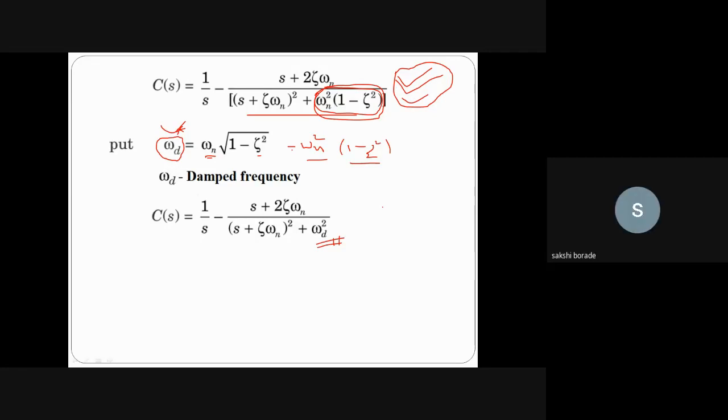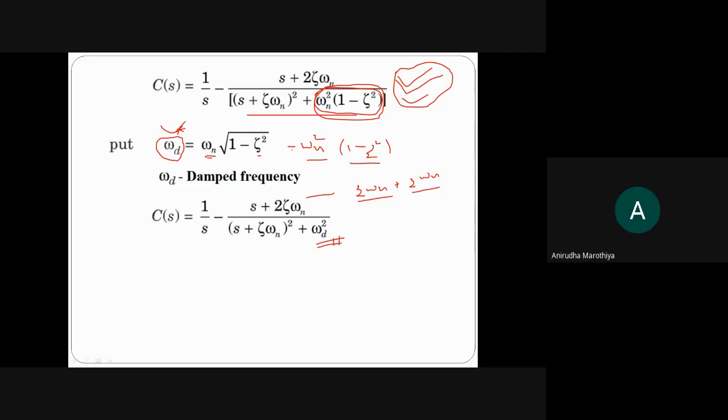Yes, sir. Now, again, we need to make some arrangement over here. See here, this twice zeta omega n, I can write as zeta omega n plus zeta omega n. Twice zeta omega n can be written in two separate parts, right? Yes, sir.